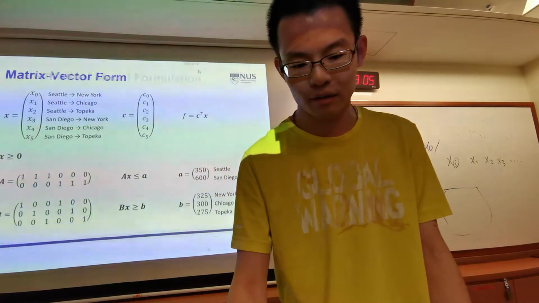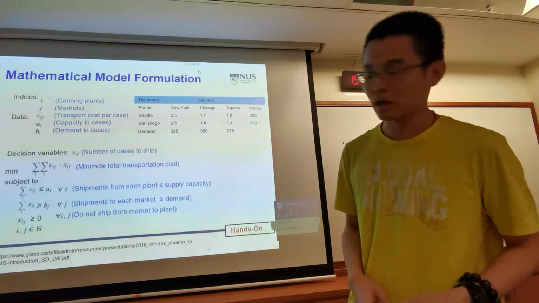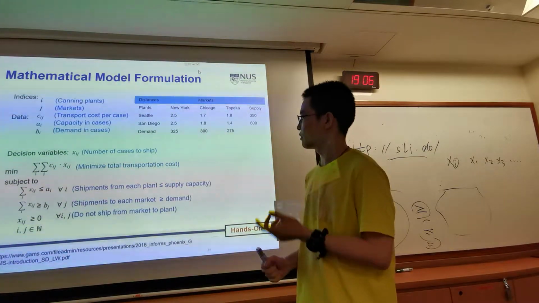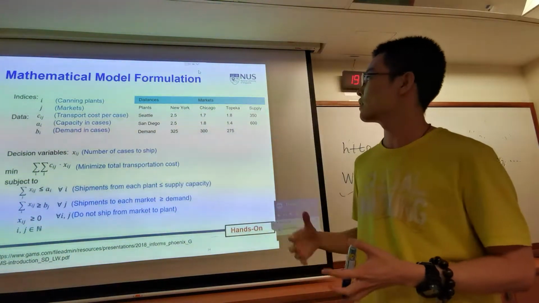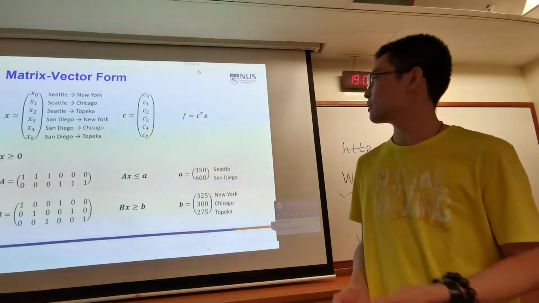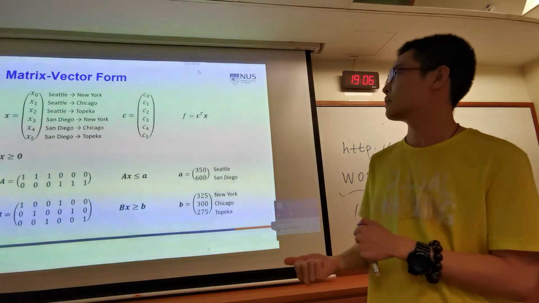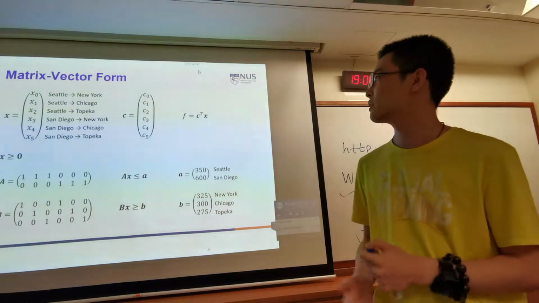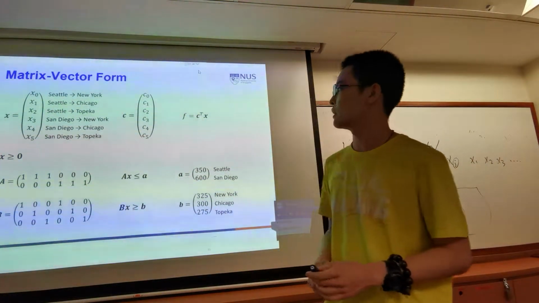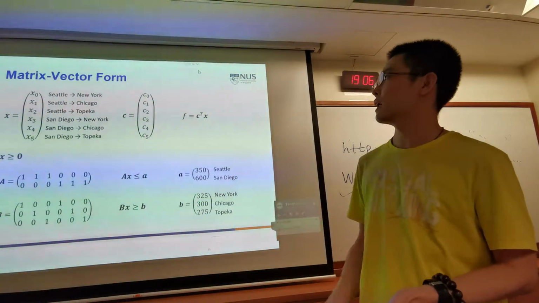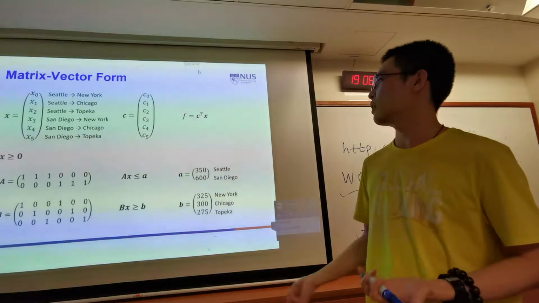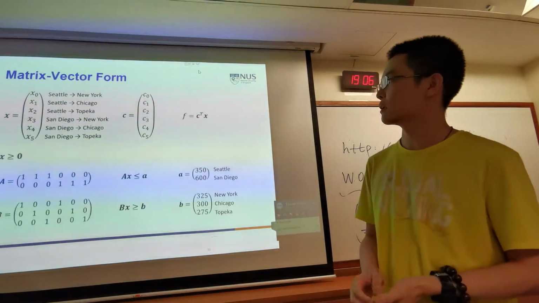The trickier part is the two inequality constraints. For the first one, we need to sum up over the index i, which is the index over the origins. If we put everything in a vector, then we must selectively sum up everything shipping from Seattle and then everything shipping from San Diego. So we have this matrix here. If you multiply the matrix A with the vector x, you will have a two-element vector.